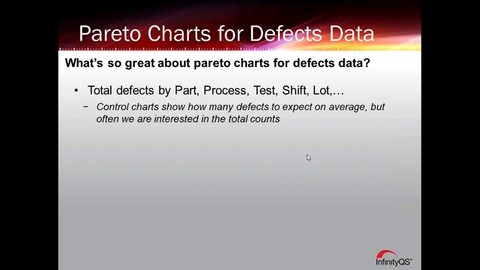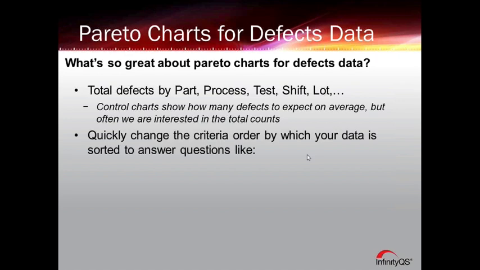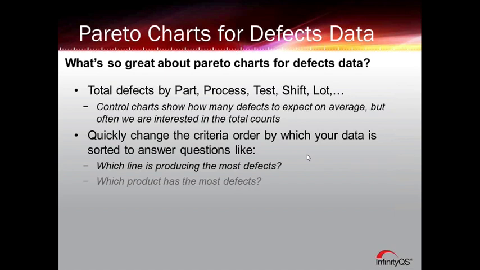A control chart shows how many defects to expect on average, but often we're interested in these total counts, right? How many defects have we had on this part in the last week, or which line is giving me more defects? Things like that, which takes me to my next bullet. My Pareto chart allows me to very quickly change the criteria by which my data is sorted to answer these very questions. Which line is producing the most defects?